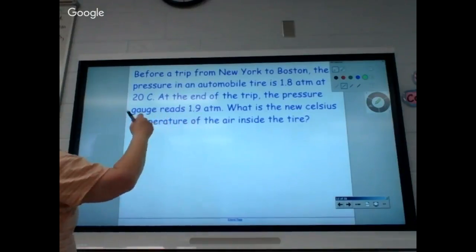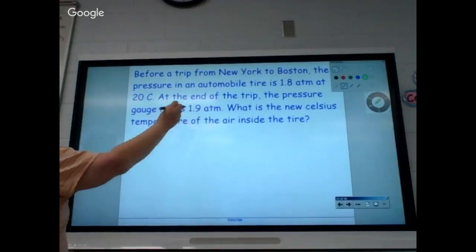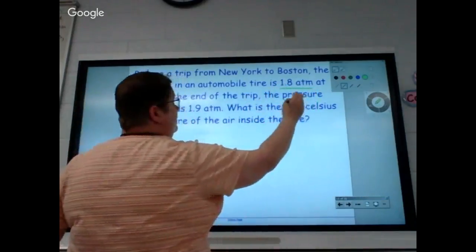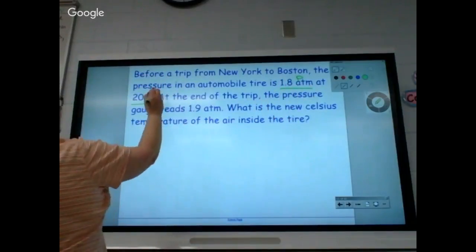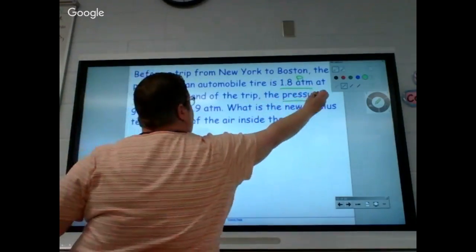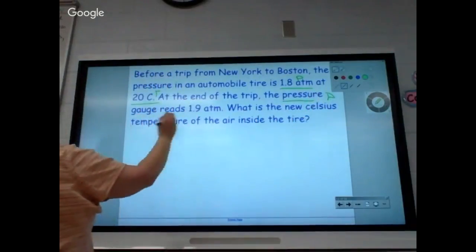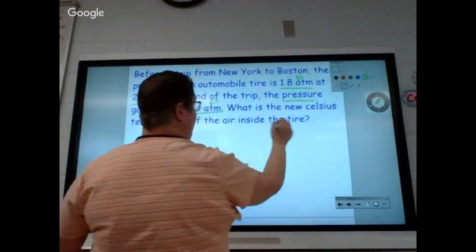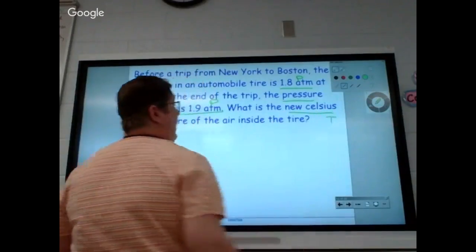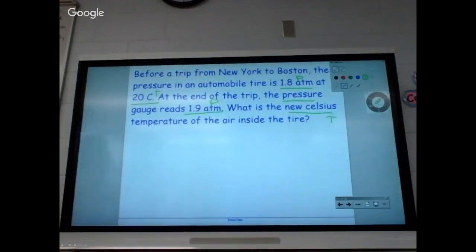So when you look at this, what do we have? Pressure. This is temperature, this is pressure, and we're finding the what? Celsius. Now, can we leave it in Celsius to solve? No. So we got to change everything.